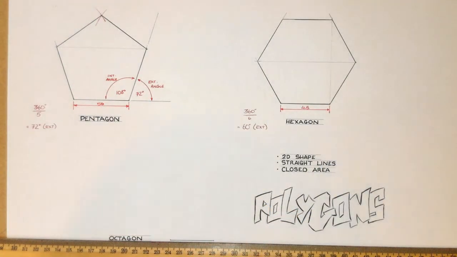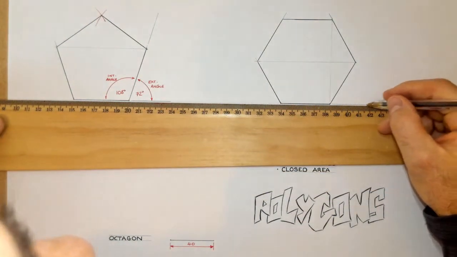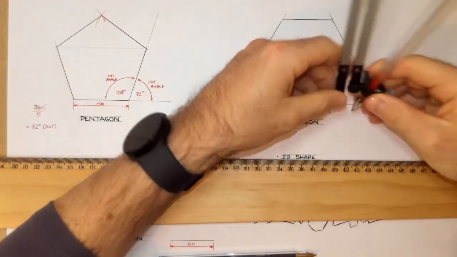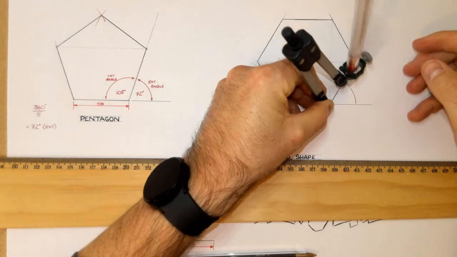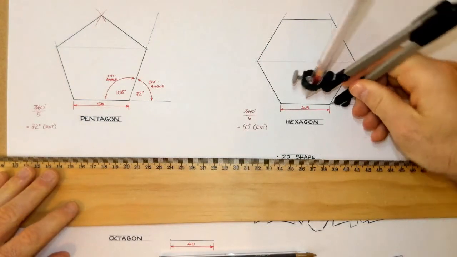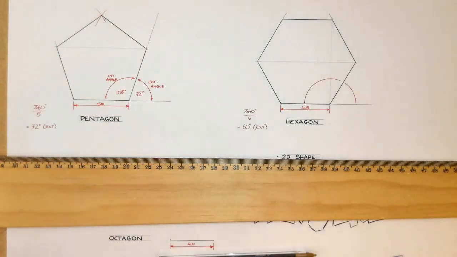Okay, so there we have the hexagon done. Once again, just going to put in this bit of information here. So that is the exterior angle, and that will be the interior angle.